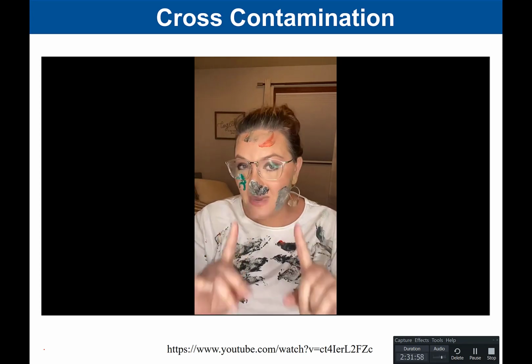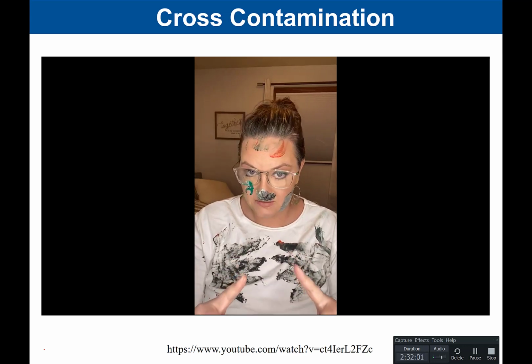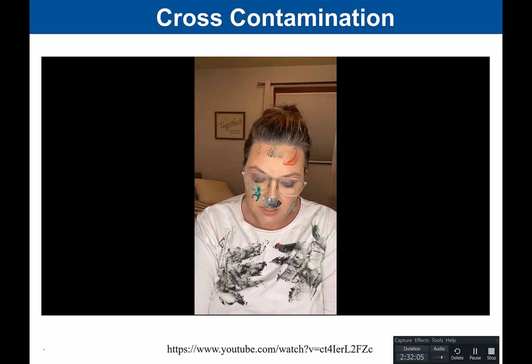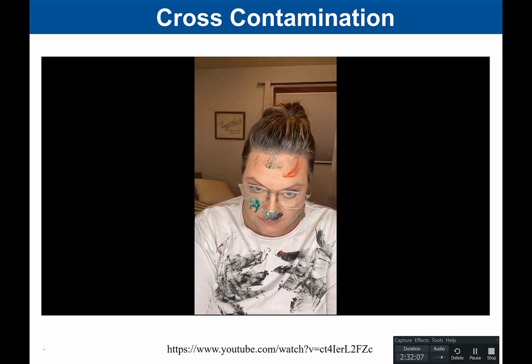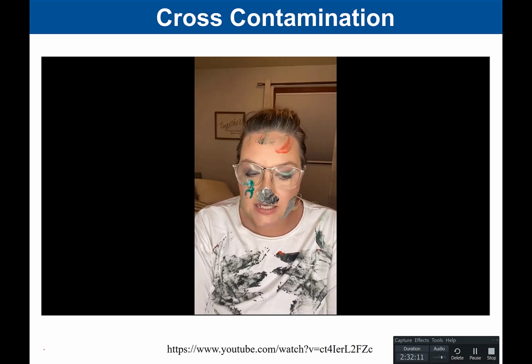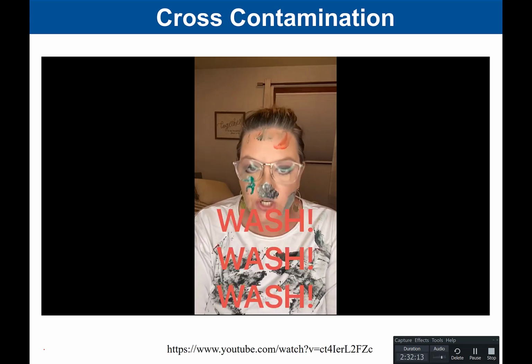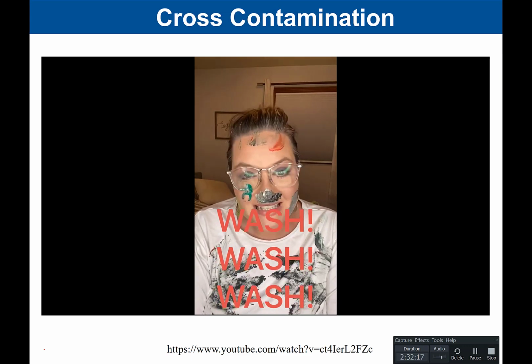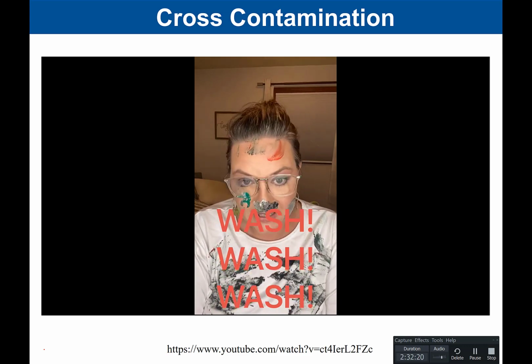Following taking off gloves, if you manage to use them without cross-contaminating, you absolutely need to wash or sanitize your hands. Okay? So what is the take-home here? Wash your hands. This is why you keep seeing and hearing, wash your hands, wash your hands, wash your hands. Wash instead to stop the spread.